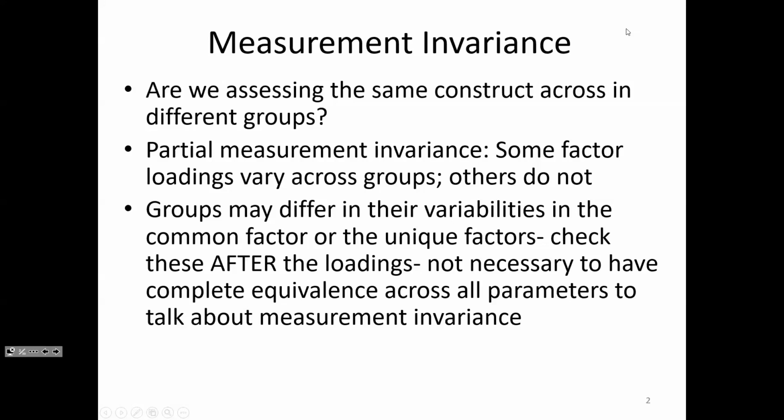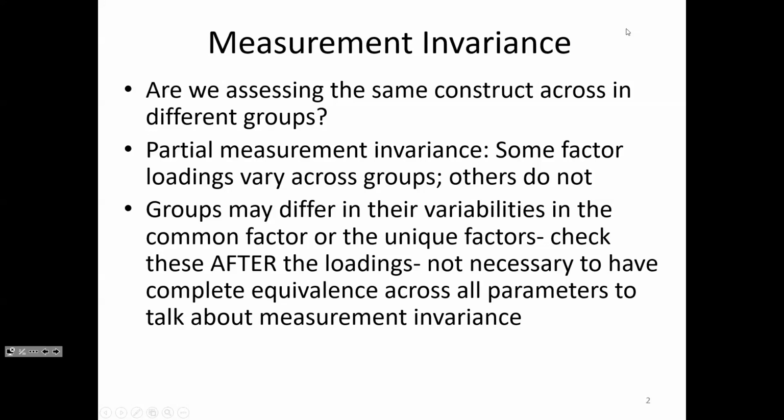Then we report that we didn't get to full measurement invariance, we got to partial, and this is why: these are the items, subscales, or variables that were problematic. Then we let the reader infer for themselves whether you've crossed a line to a point where they don't trust it, and different people will potentially feel differently about that.